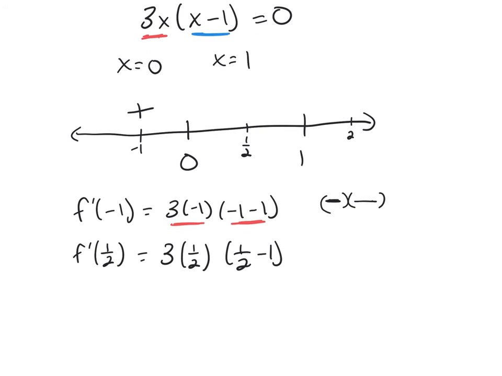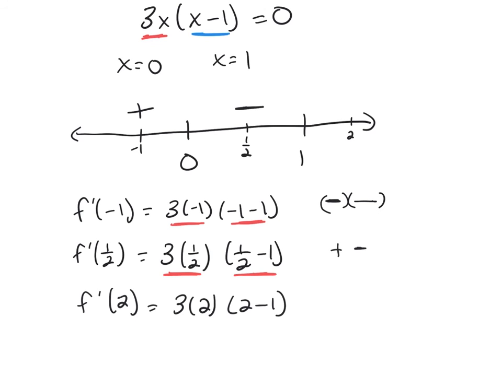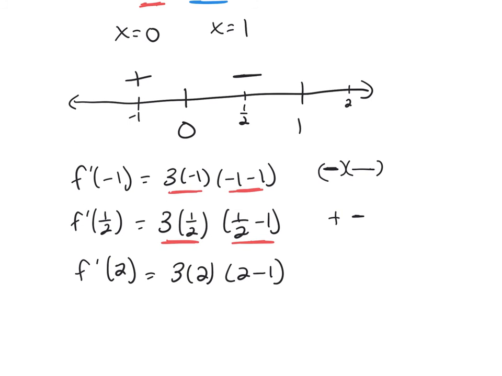So again, look for our sign here. This part is positive, and then this part is negative. Positive times a negative would be negative. F prime of, now plug in 2. 3 times 2, 2 minus 1. Look for our sign here. This first part will be positive, second part will be positive. Positive times a positive is positive.